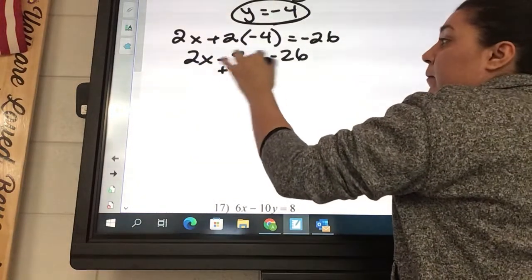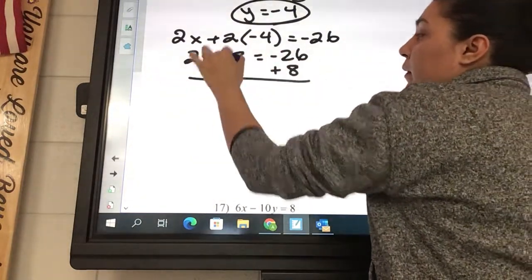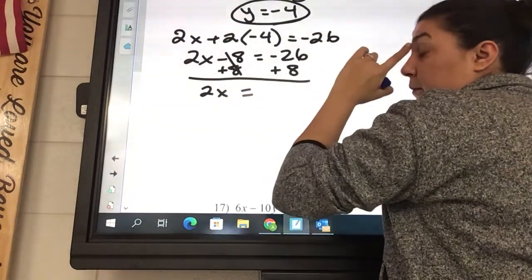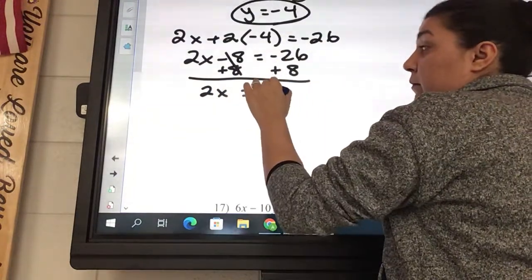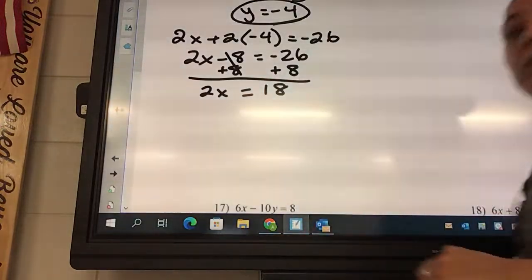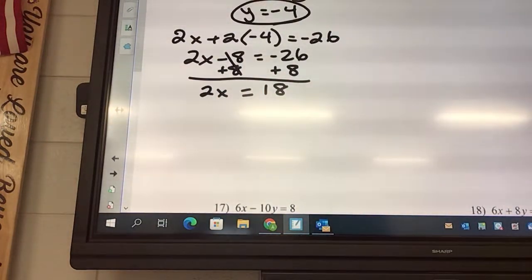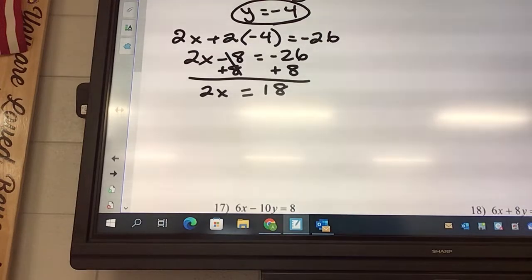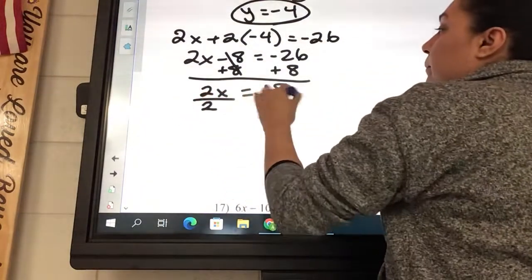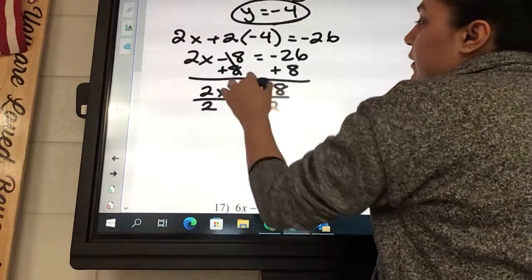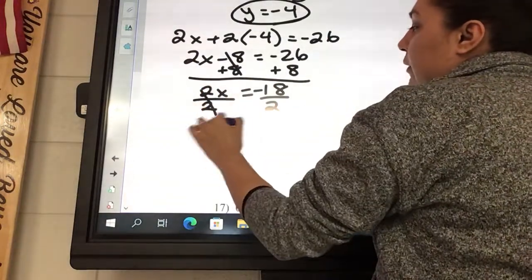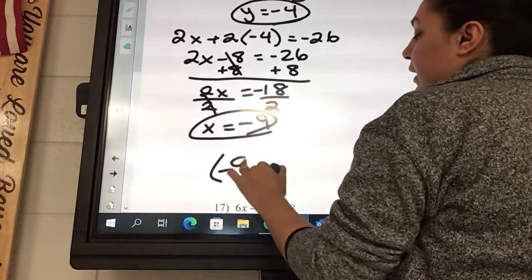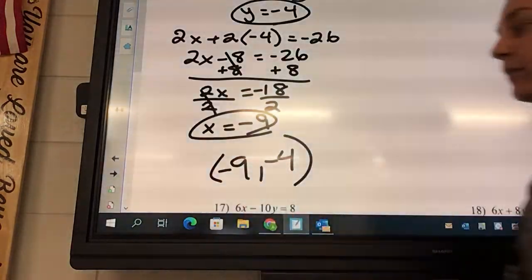Add 8. So you're gonna get 2x equals 18. Then divide. It'll be 9. Is it negative though? Yes, it should have been -18. So I got -9 comma -4.